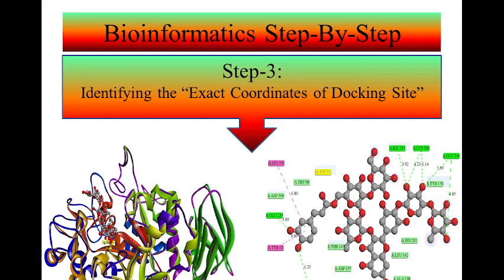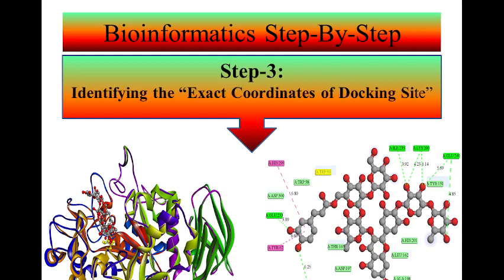The exact location of the docking site can be identified from the active site amino acid residues of the protein. This information is given in the literature. However, amino acid residues of the active site can also be identified by using the Discovery Studio Visualizer.